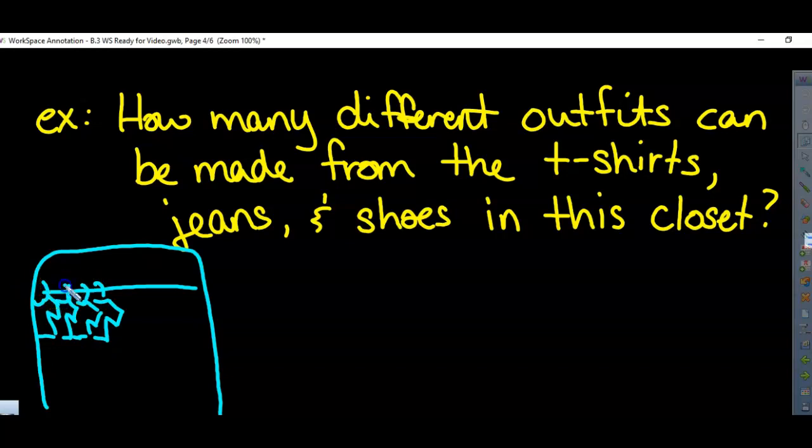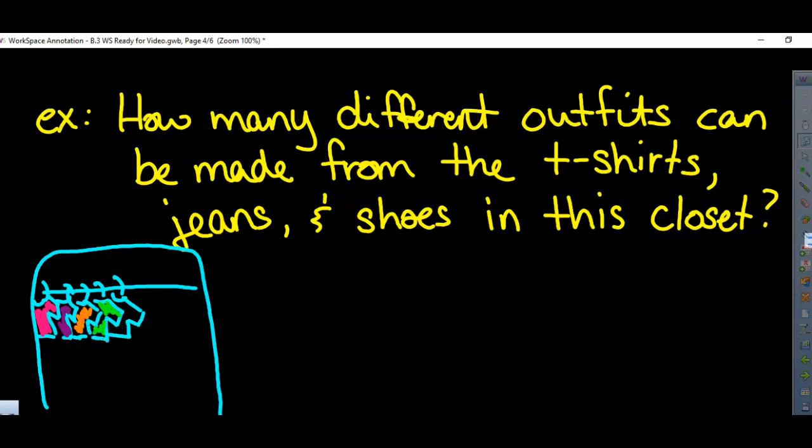Now what I'm going to say is we don't have to do a tree diagram. We don't have to do a table in order to figure out how many different possibilities there are going to be in a multi-event situation, or what we call a compound event. And here's why. Gotta love that beauty of math, right? More than one way here.